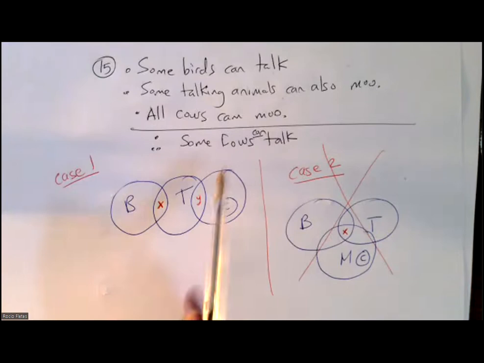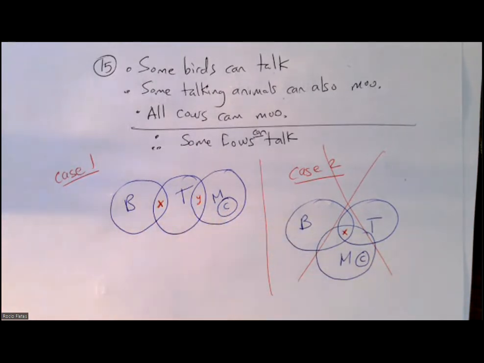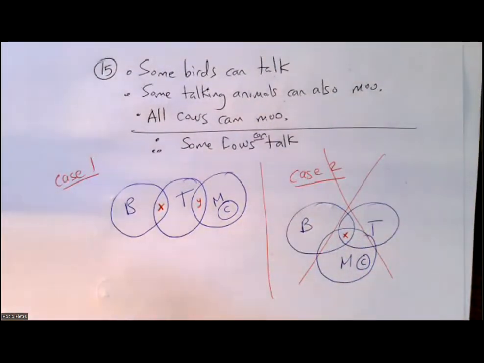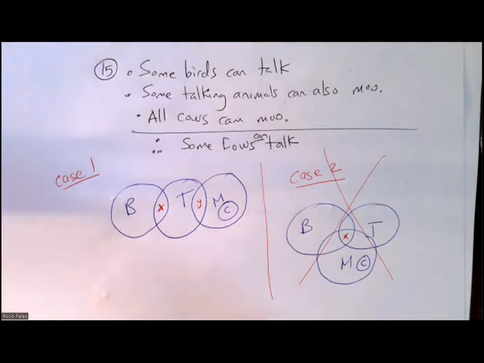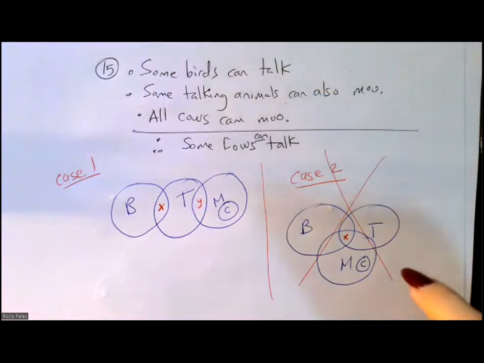Based on this, some cows can talk. I don't think that we can make that argument, because C is totally outside of the talking set, right? Please play with these. Even if you think you can come up with a case, try to disprove the case yourselves. Do I have enough evidence here to support this case?